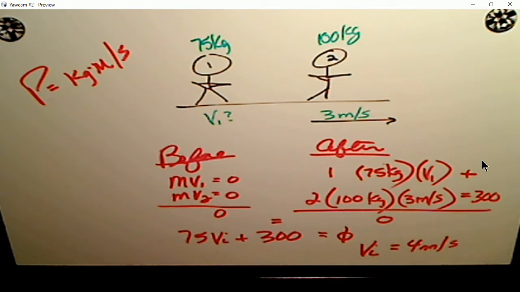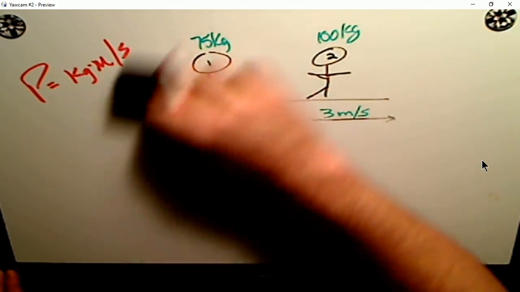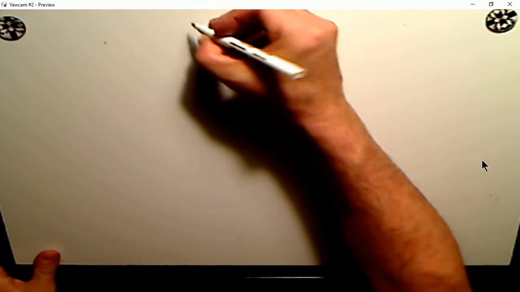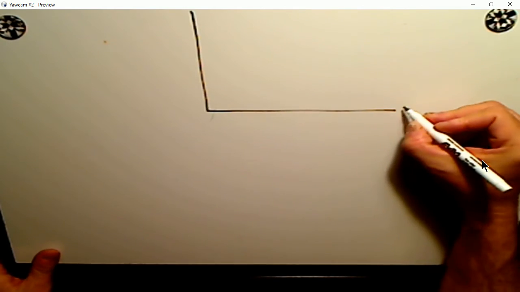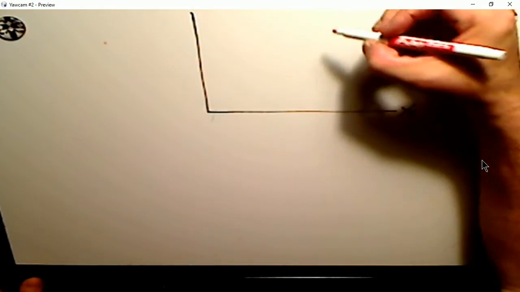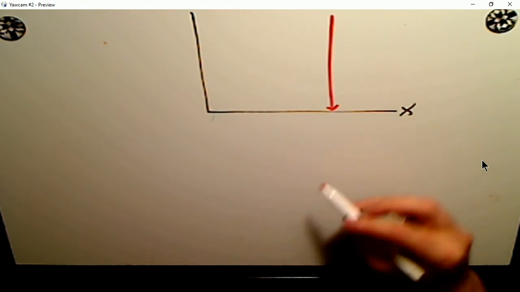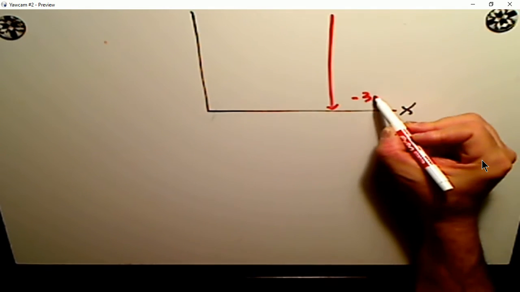Let's look at impulse. Now, on impulse, let's say we have a ball coming down. This is in the x and y coordinates. And that ball is traveling at -3 meters per second.